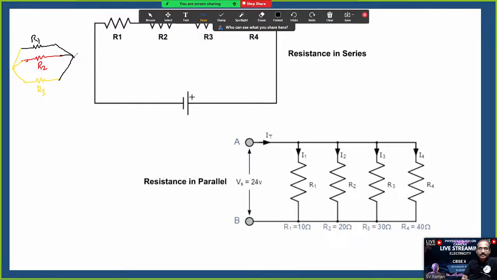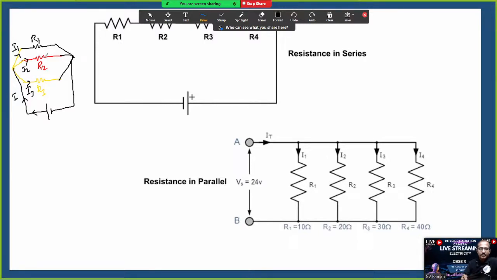These two ends you connect to a battery. What happens? Current I flows along R1 as current I1, along R2 as current I2, and along R3 as current I3.